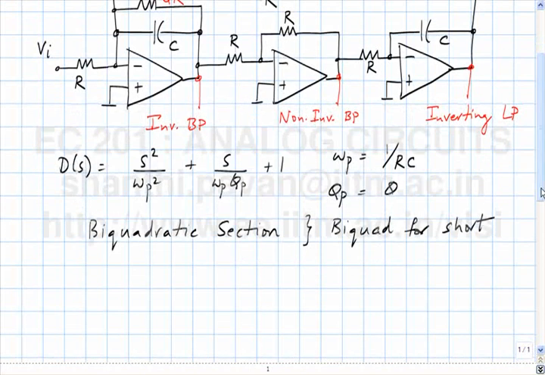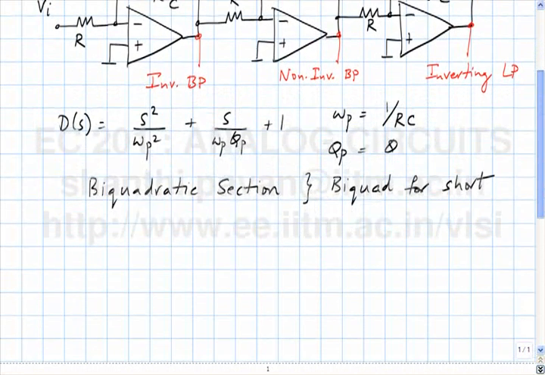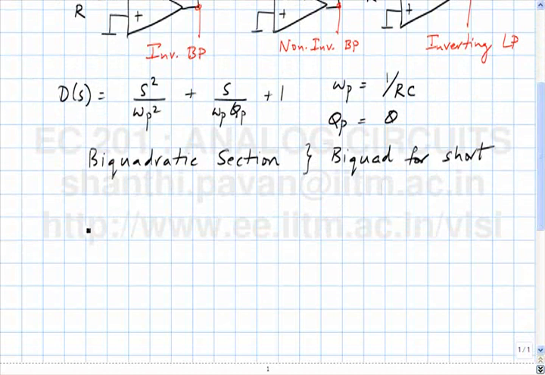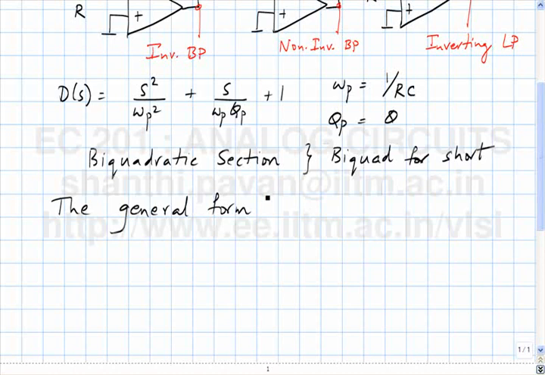Alright? You understand? And in general, if you want a completely arbitrary second order section, the general form is what you can have. You have the same denominator, but the numerator in principle you would want to make it arbitrary.